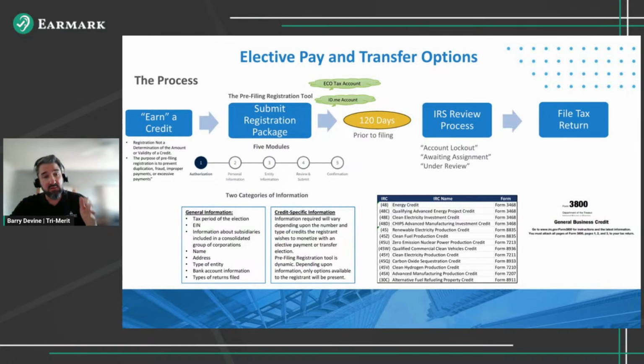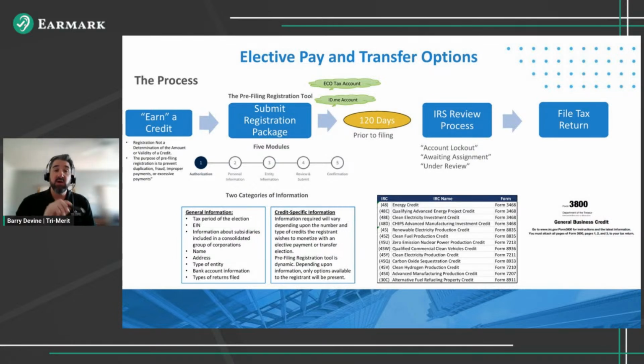So you're going to submit your registration. There'll be 5 quick steps with that eco account. And then you're going to go into a holding pattern where the IRS is like, okay, account lockout, awaiting assignment, under review. They're going to give you some type of correspondence notification. Here it'll have your general information, credit specific. And they say, okay, you're registered. Now, please wait, because we're going to process your registration.